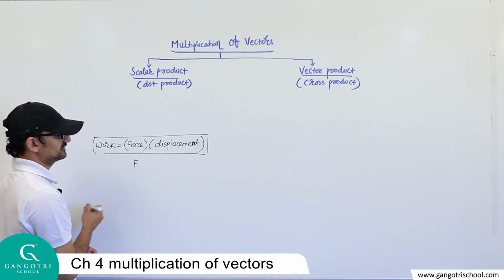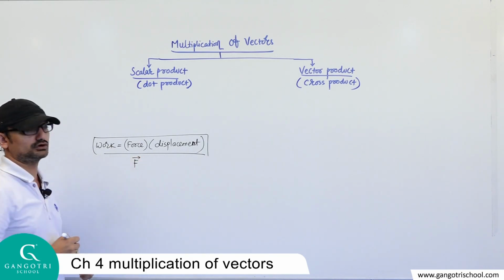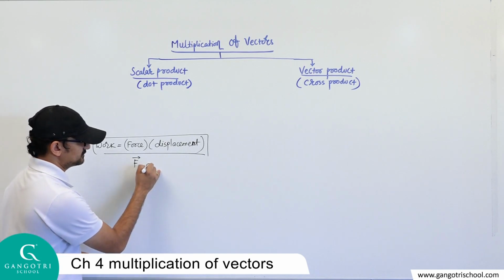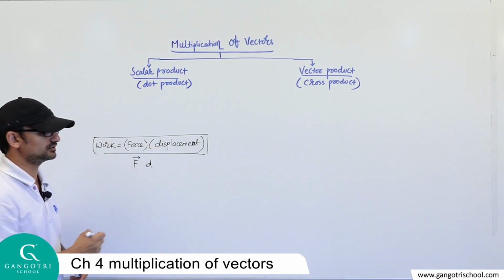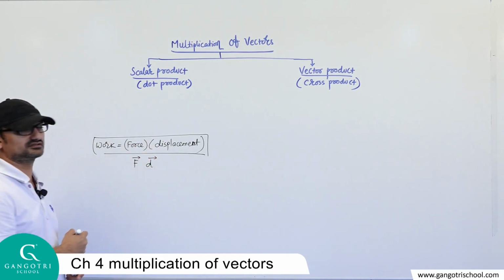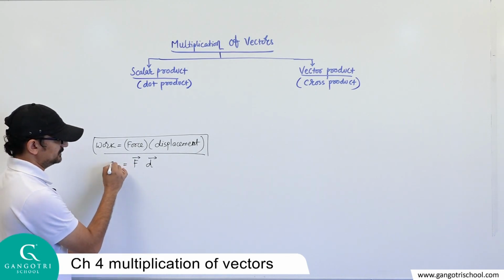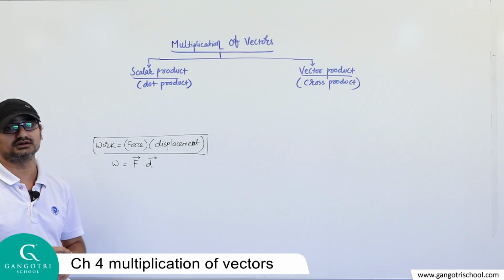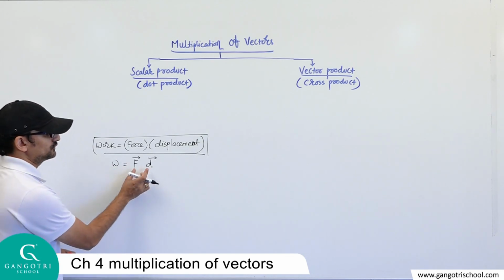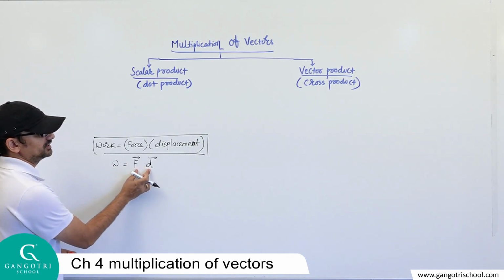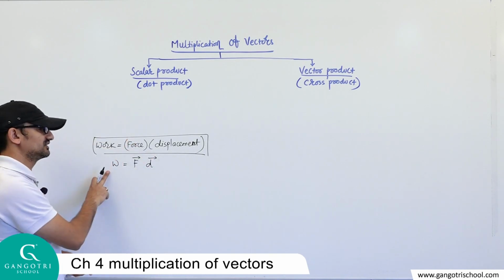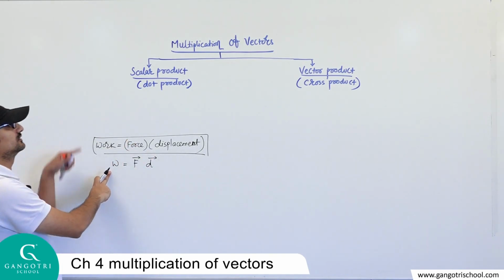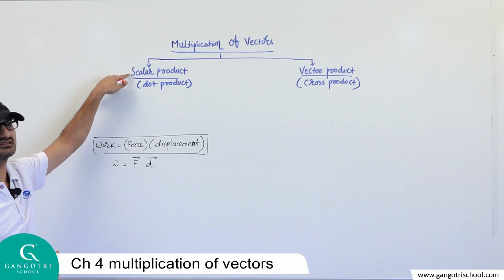Force is a vector physical quantity, you have to put an arrow above the symbol. Displacement is also a vector physical quantity, you have to put an arrow above the symbol. But on the left hand side, work is a scalar quantity, there is no arrow above the symbol of work. So if two vector physical quantities are multiplied and the result is a scalar quantity, such a product is known as a scalar product.